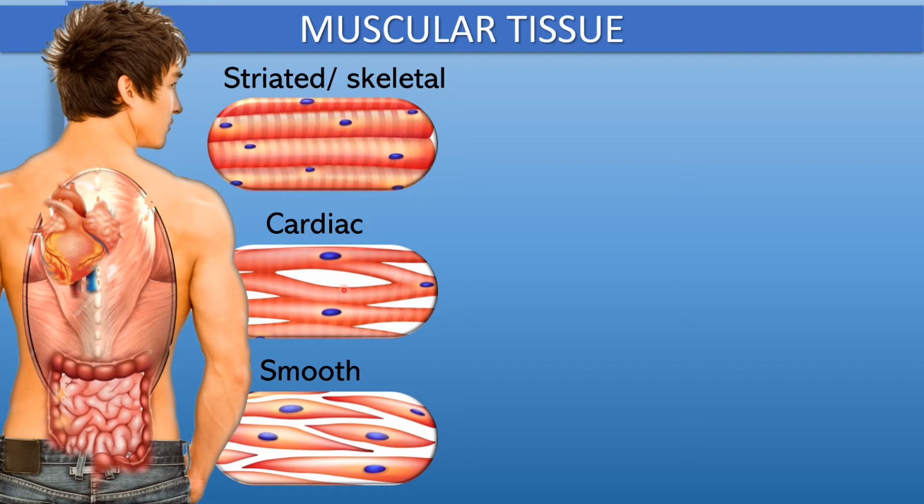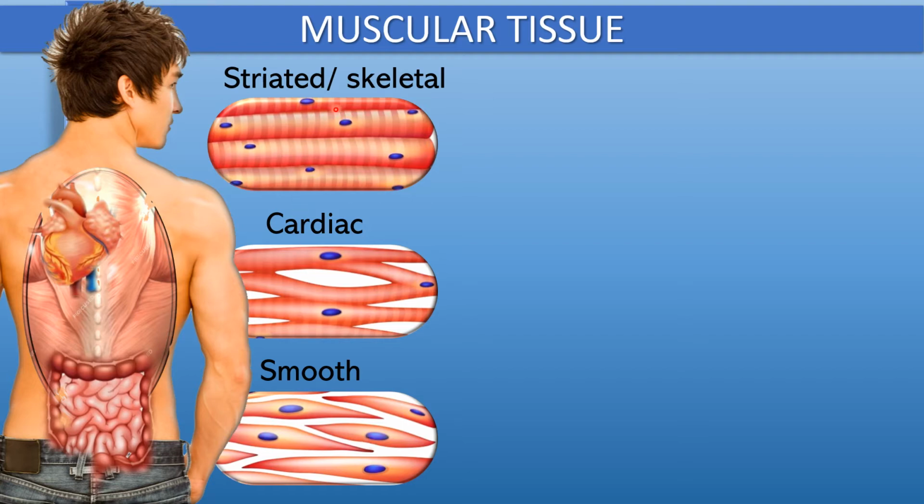By looking at the diagrams of these three muscles, you can clearly differentiate between them. The striated or skeletal muscles are single fibers which are not attached, whereas the cardiac muscles are fibers that are attached at certain locations. The smooth muscles remain as cells. They do not form a fiber.